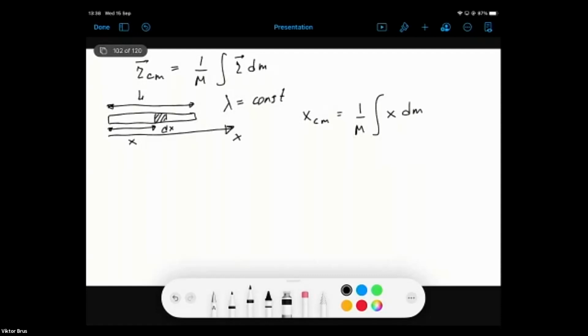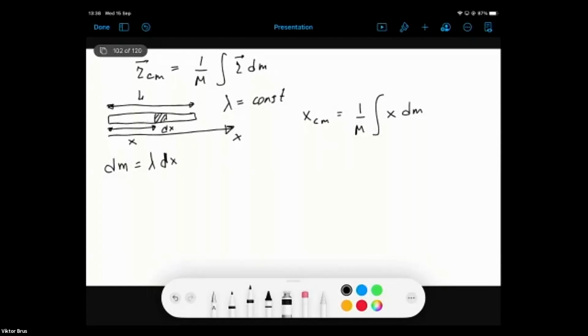Okay, dm is not what we want to deal with. We want to express dm as a function of dx. So what can we write here? dm is equal to lambda dx. Yes, lambda times dx.